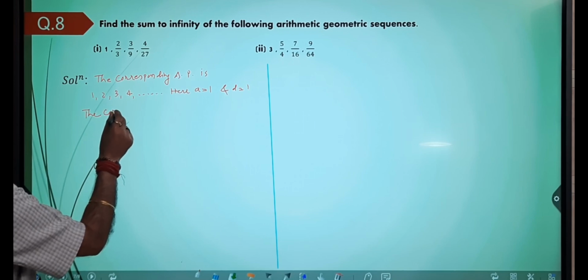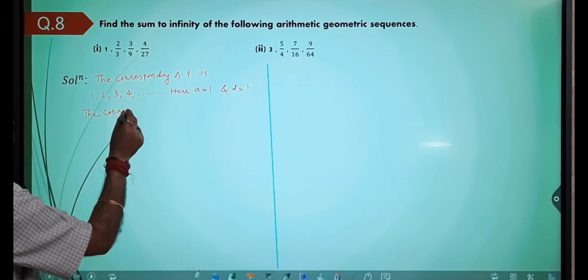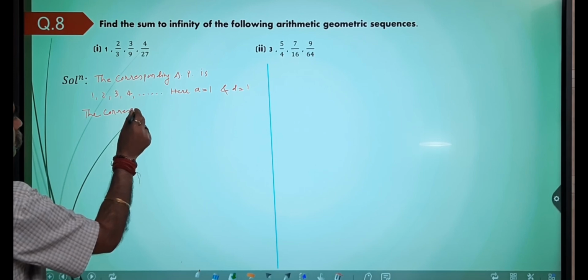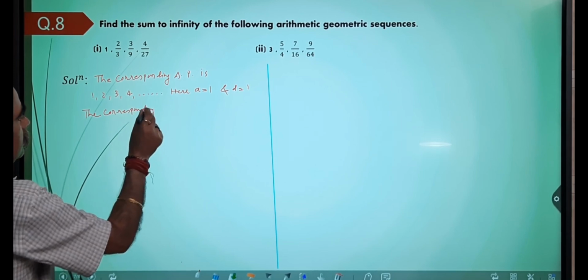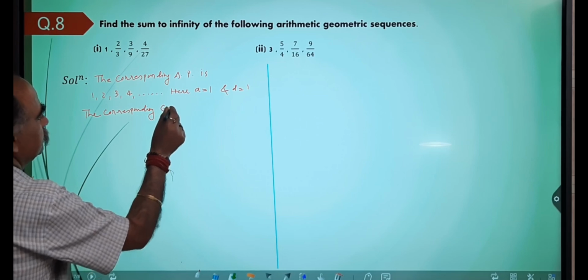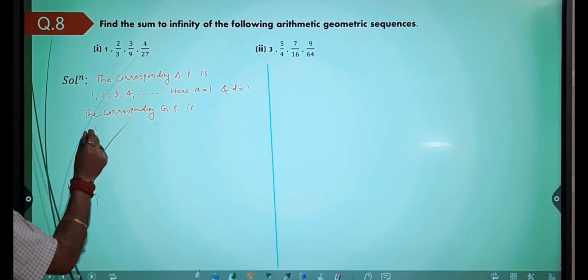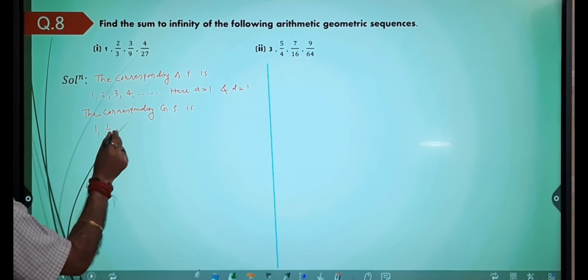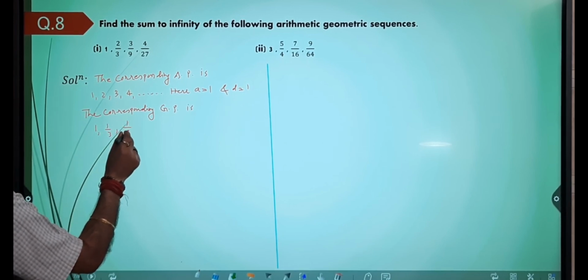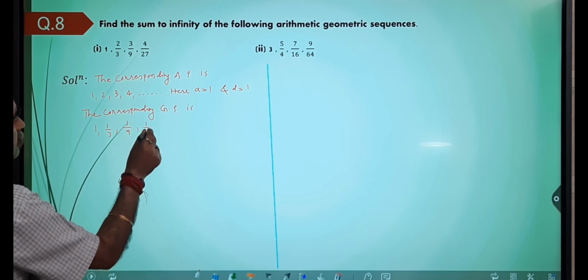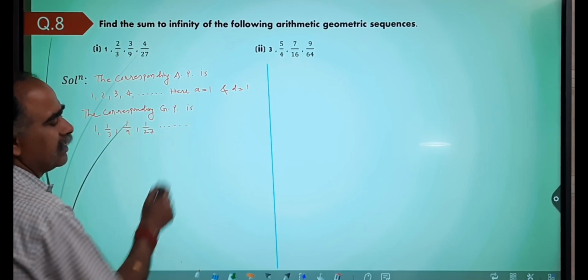The corresponding GP is 1, 1 by 3, 1 by 9, 1 by 27, and so on.